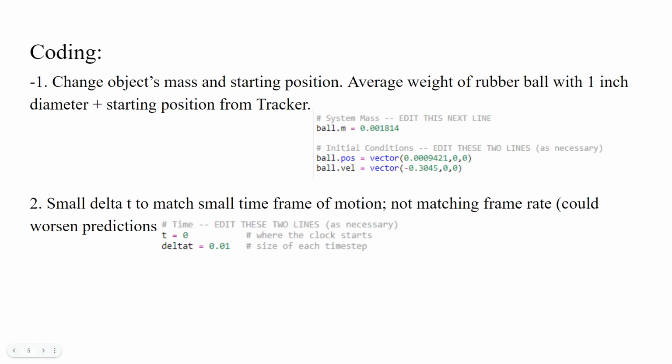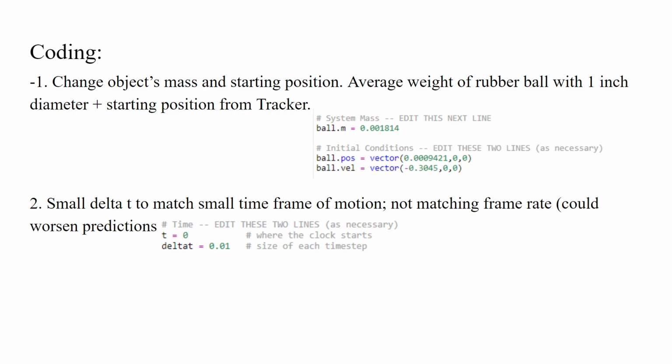As for the coding, the first step was to change the object's mass and starting position. I found that my rubber ball was an inch in diameter and found the average weight of a rubber ball of that size, and filled that in for ball.m. Then I got the starting position from Tracker and filled that in for ball.position using the first couple data sets.